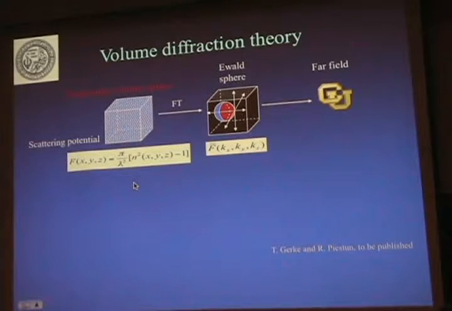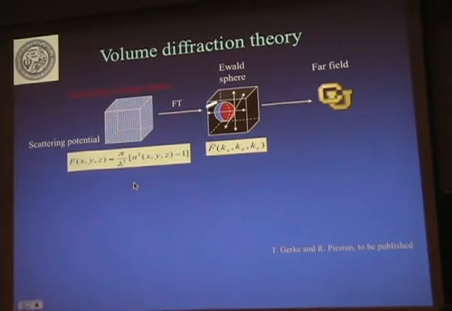So then the next challenge was to generate a full volume. So in this case we use volume scattering theory. So the idea is you have this volume, we want to generate some pattern in the far field, and with angular multiplexing functions, for example.